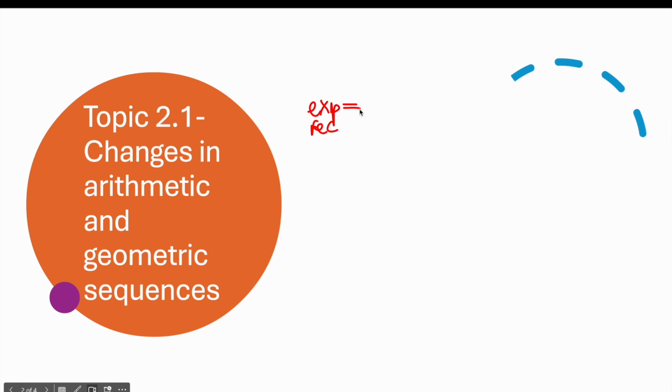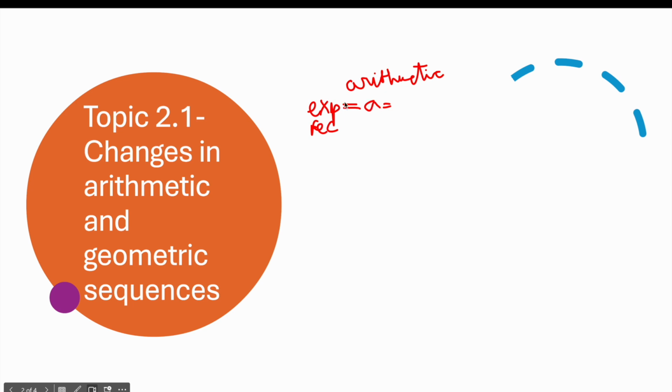So this is A, and this is in an arithmetic standpoint. This is an arithmetic sequence.